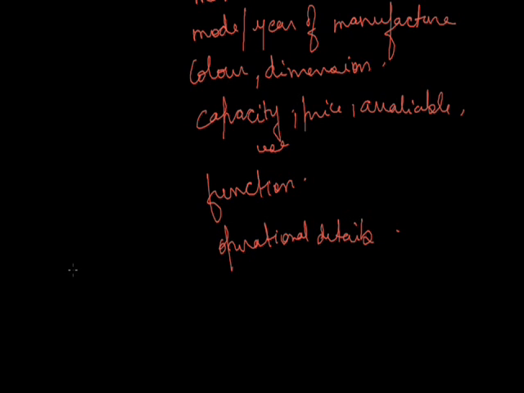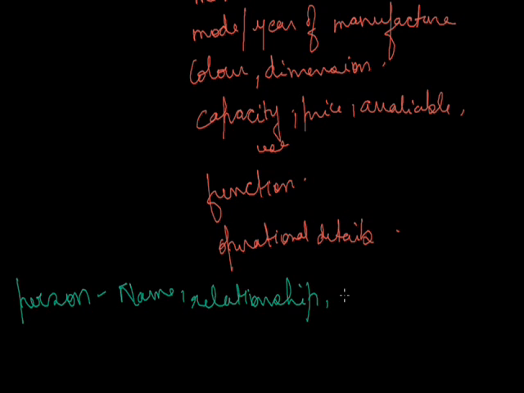Now, next we go for the person. If you're giving a factual description of a person, you need to tell the name and the relationship you share with that person, the writer. You need to tell the social status, that is his role, his profession, and his looks. In looks, there are many things that come under it, that is, his features, hair, how it was, short, curly, his clothes, what type of clothes he was wearing, his height, health, complexion.